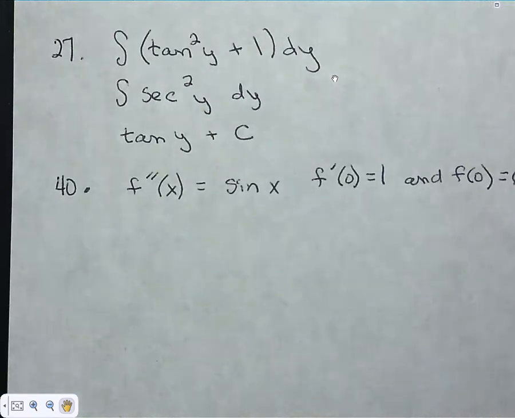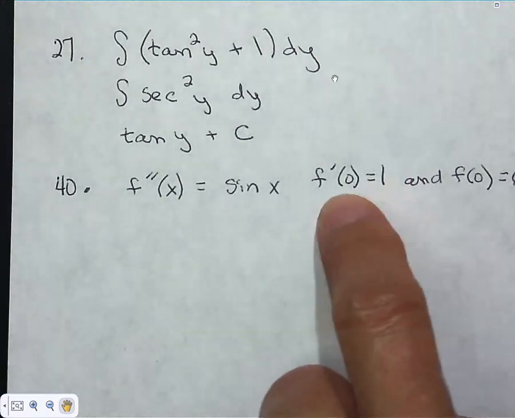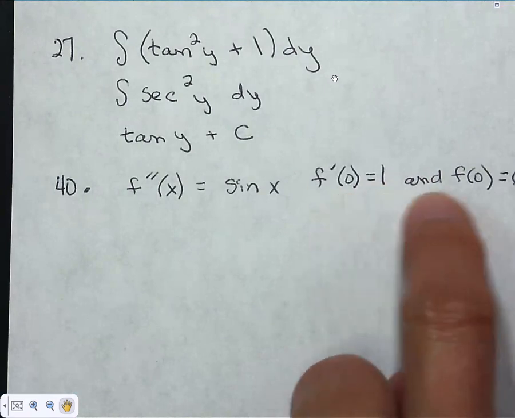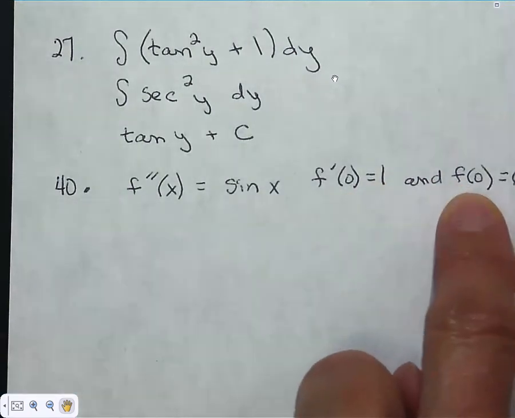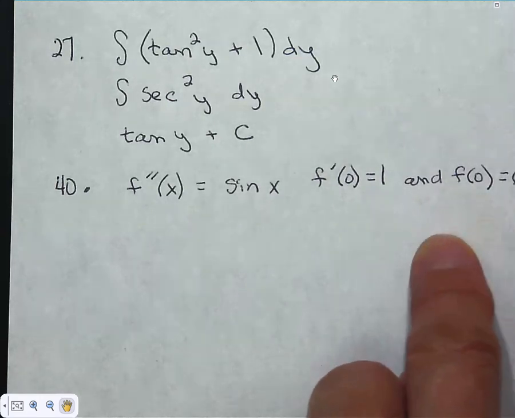So the three things we know are the second derivative of the function that we're looking for, we have the value of the first derivative when x is 0, and we have the value of the original function when x is 0. We're supposed to find f of x that meets all three of those criteria.